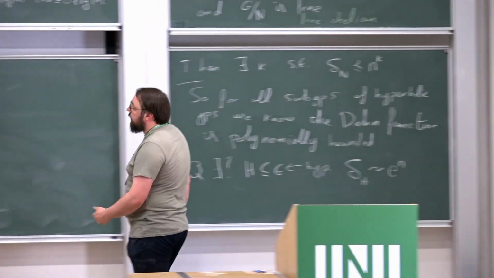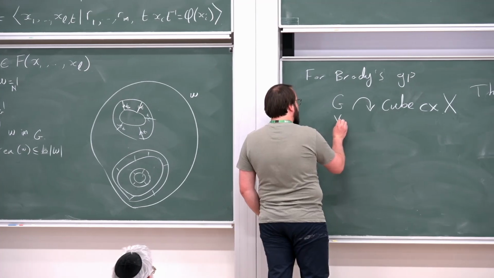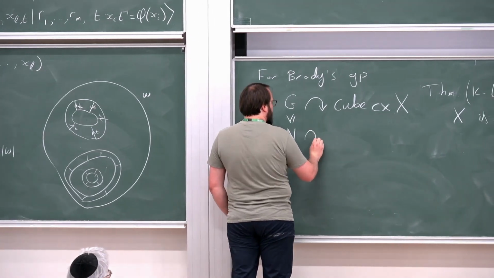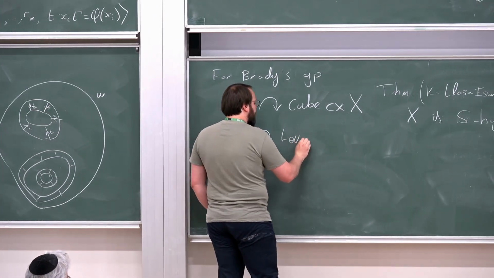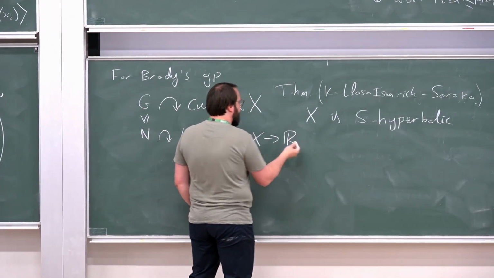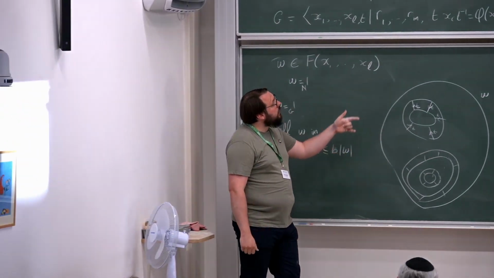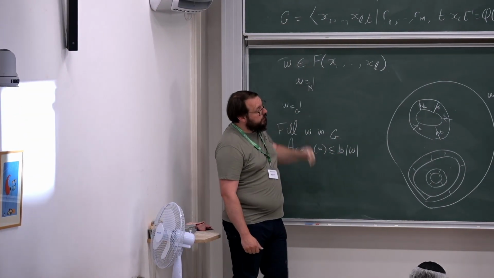We didn't need to get presentations. Instead, we had that Knoll subgroup N is acting on some level set of some function from X to the reals, and this was taking the place. So this cube complex and this level set were taking the place of our two presentations.